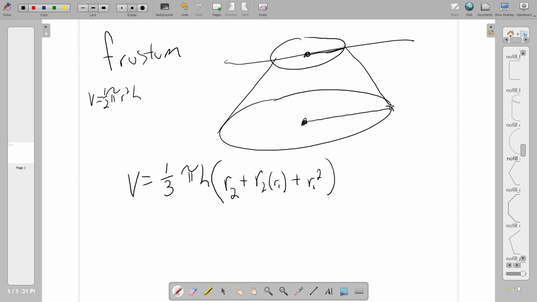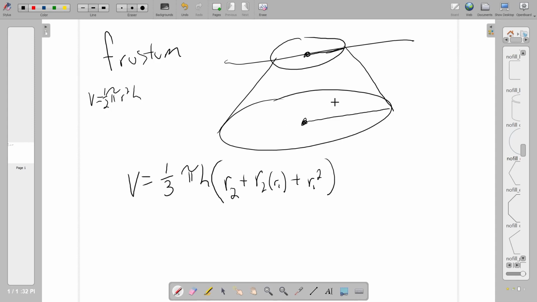So basically I guess you could say it's the average, because it changes as it goes up, right? So we're getting the R2, which is this top one, and the R1, which is this one. Then we're also multiplying the two together.